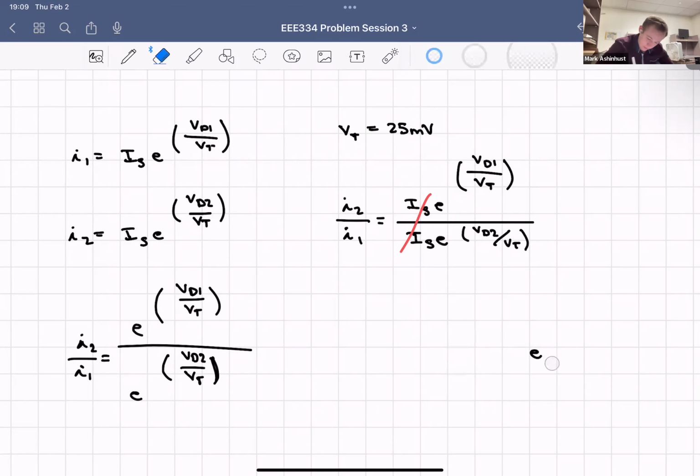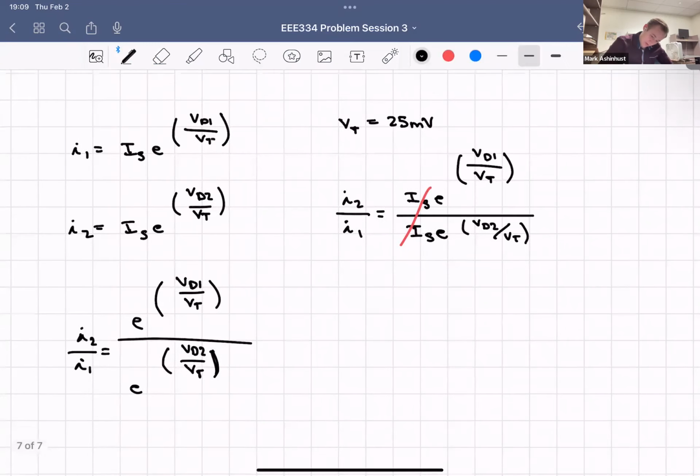So we're going to do that here, but I'm going to simplify it a little bit more. So we have I2 over I1 equals e to the VD1 over VT minus VD2 over VT, which is just VD1 minus VD2 over VT.